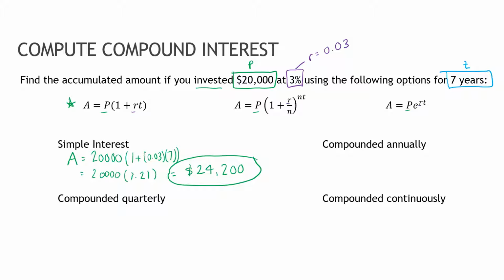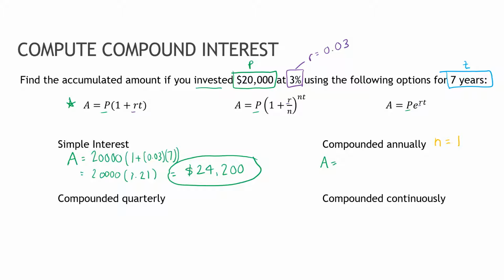But when I get to my next one, compounded annually, first thing I'm going to do is say, what would n be? Because n will change for each compounded question. And if it's compounded annually, that means it's compounded once per year. So n would just be 1. So what I'm going to do, and again, I strongly encourage you to have a good calculator to do this, is set it up like this.